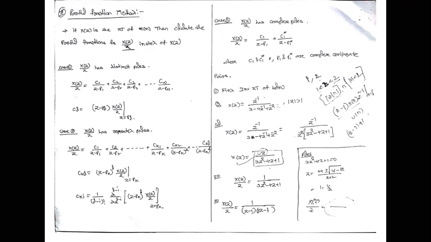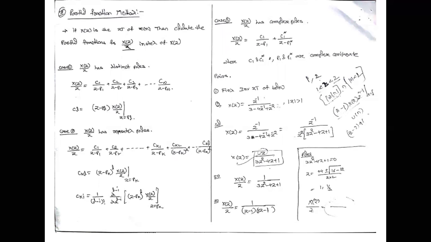Using those series, we write the summation of x of n to get the time domain function x of n. The second method is a very easy method to find the inverse Z transformation. Mostly we use the partial fraction method only to find the inverse Z transformation.